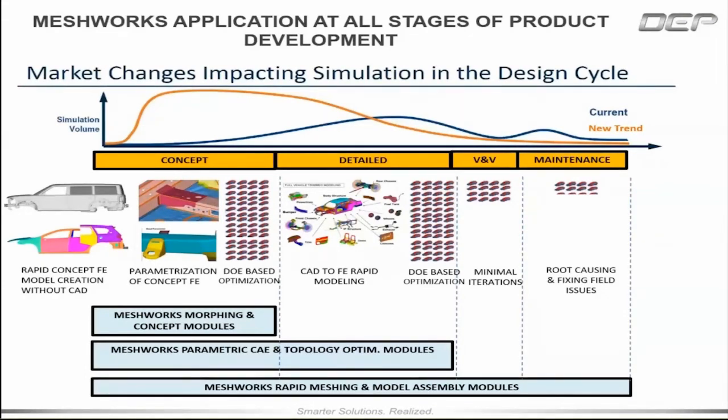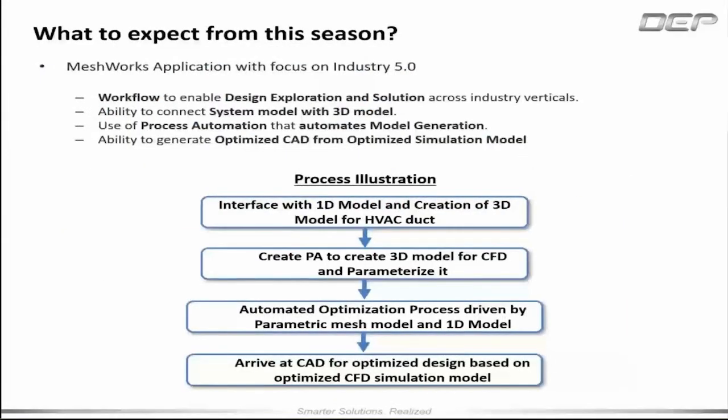So having said this, we would straight away jump into today's topic so that we can lay out the contour of today's discussion, how it is going to go through. One of the important aspects that we want to demonstrate to you today through process automation as an enabler is to bring to you the message that as MeshWorks 2020, we are ready for your focus on Industry 5.0.